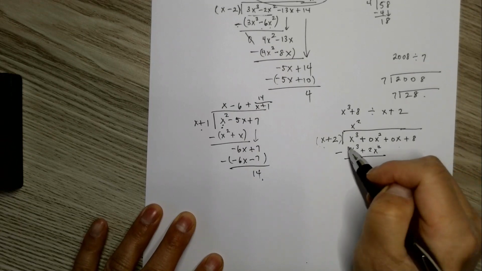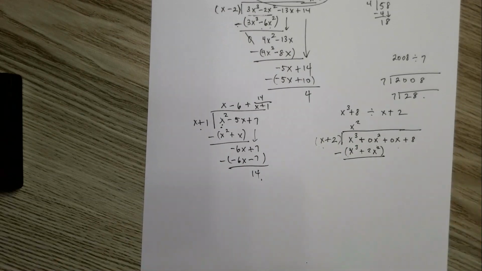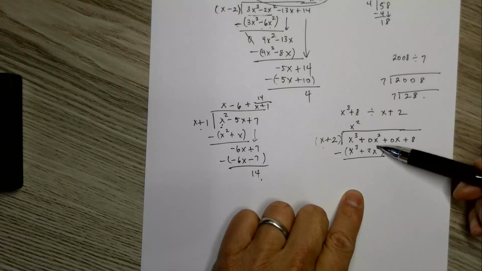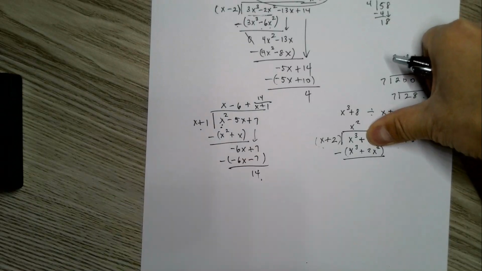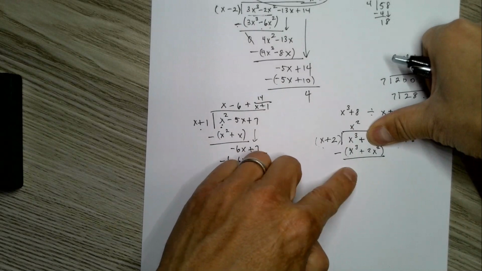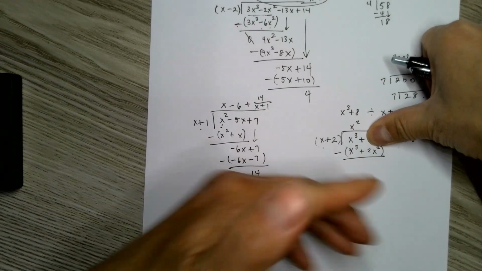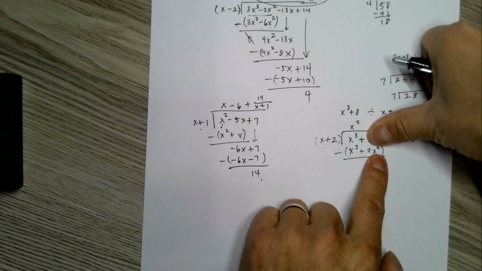And now I do the subtraction. And here's where the columns help. Imagine if that 0x squared had not been there. I'll put my thumb over it. It's not there. And now you're doing subtraction. Okay, x cubed minus x cubed, no problem, that's 0. But what are you subtracting 2x squared from?